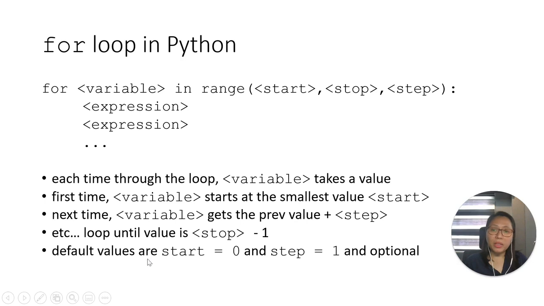So default values are, well, the start and the step are optional. And if start and step are not there, so let's say there is only one value here, the default value for start is 0, and the default value for step is 1.